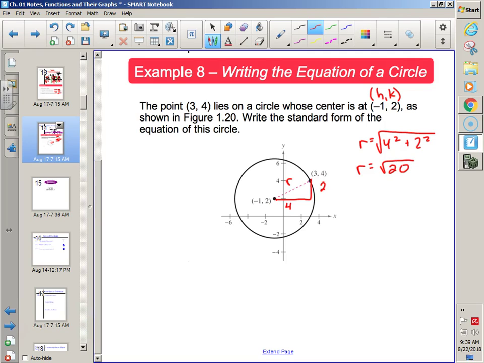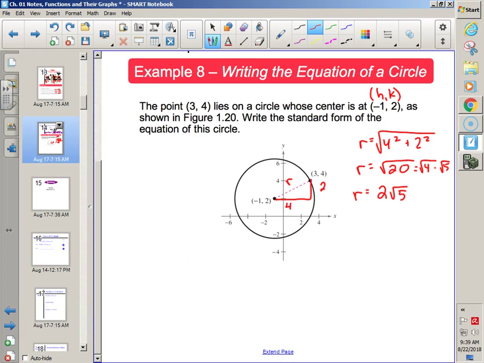Did you guys get the same thing? Square root of 20, when doing x2 minus x1 squared plus y2 minus y1 squared? Good. Is that the proper form? No. What's the proper form of root 20? Because it's root 4 times root 5, right? And square root of 4 is 2.